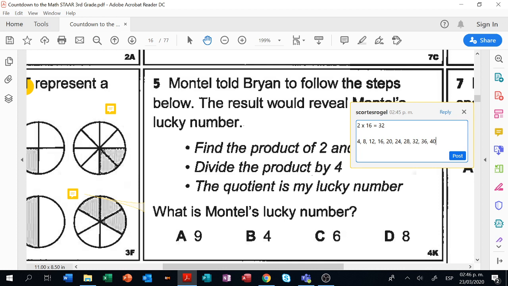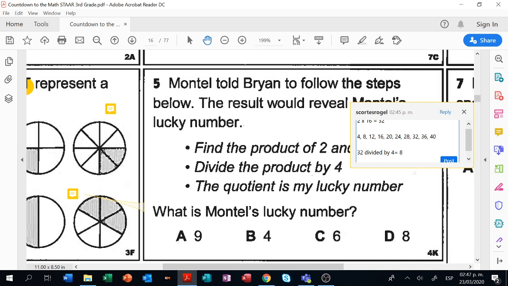So where is 32? I see it right here. And then we count 1, 2, 3, 4, 5, 6, 7, 8. Now I know that 32 divided by 4 equals how many times, amigos? Yeah, that's 8 times right here.